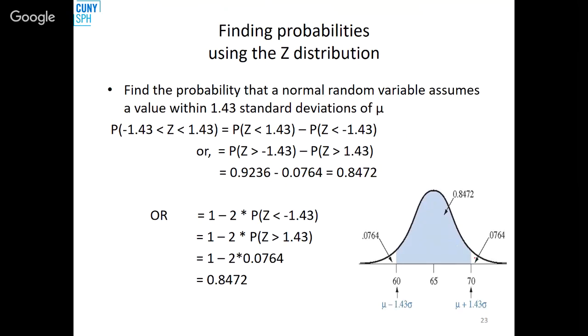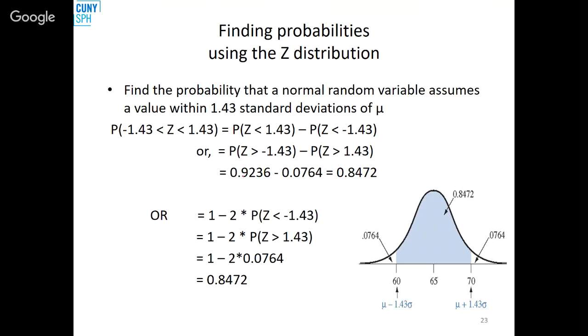So here, for this one, in the last question it was everything to the left of here. Now I want everything to the left, but minus this tail. So one way to do it is to take this total area to the left of 1.43 and subtract the amount to the left of minus 1.43, since our table provides probabilities to the left of a particular value.